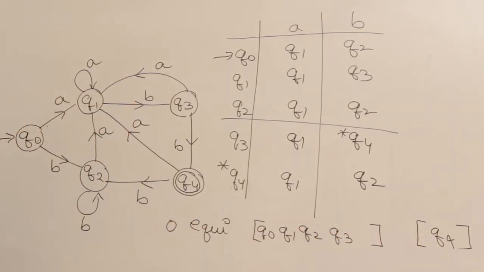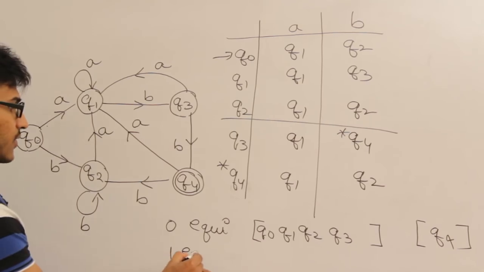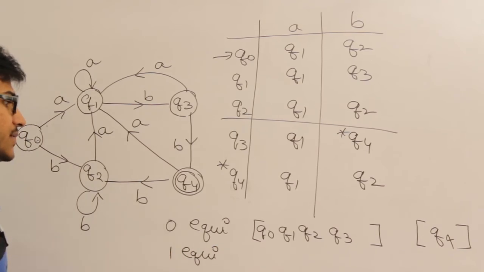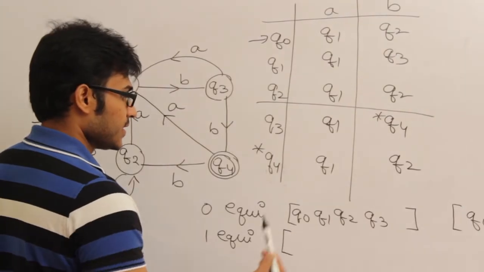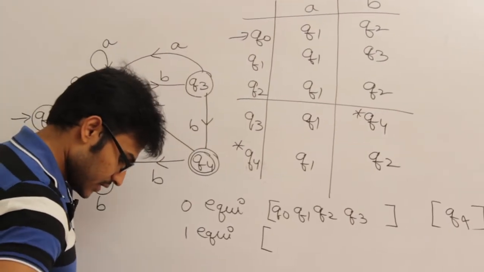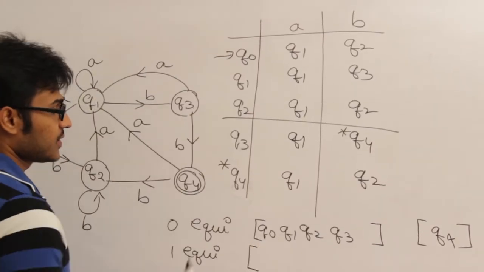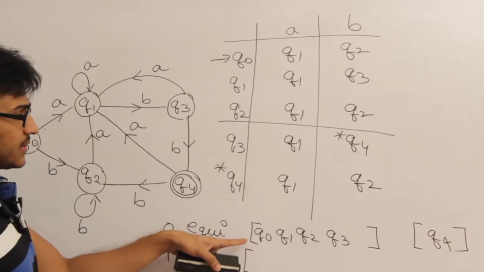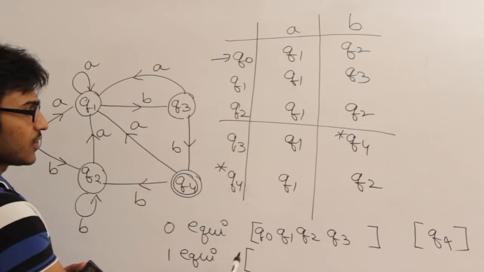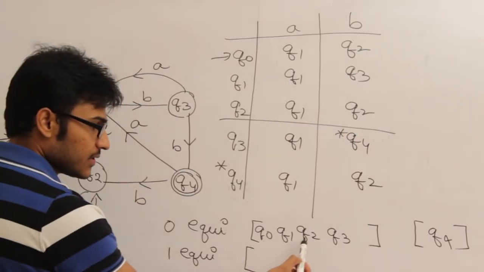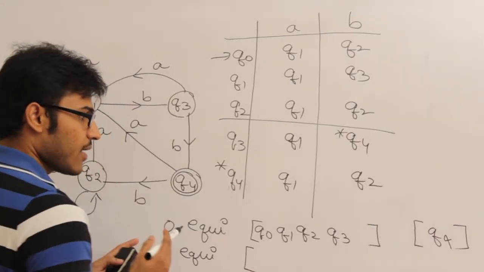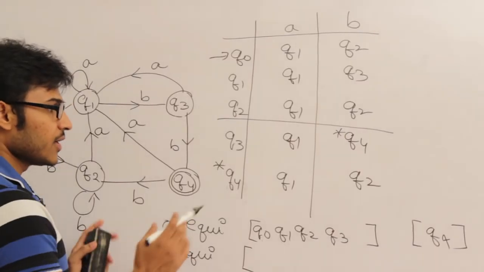Once it is done, now we have to find out one equivalent states. Now take the previous states, the previous zero equivalents. Take each one of them. All these states are zero equivalent, so we have to see whether they are one equivalent or not.